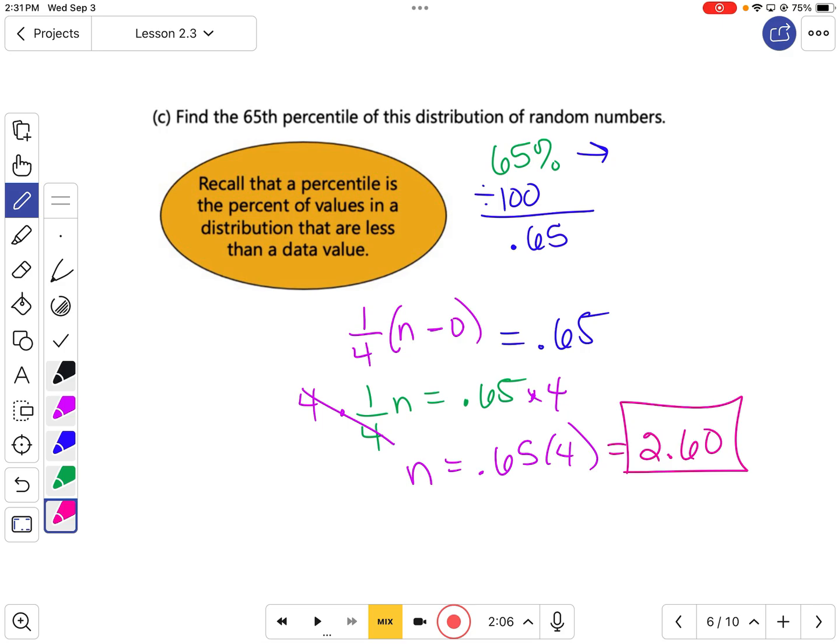Quickest way to remember, it's what I tell people to do, is we're going to convert our percentage to a decimal. So let's say I was looking for the 25th percentile. That's 0.25.